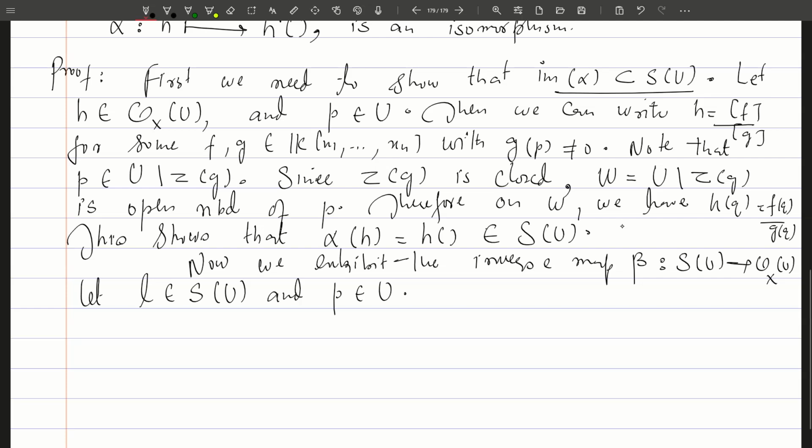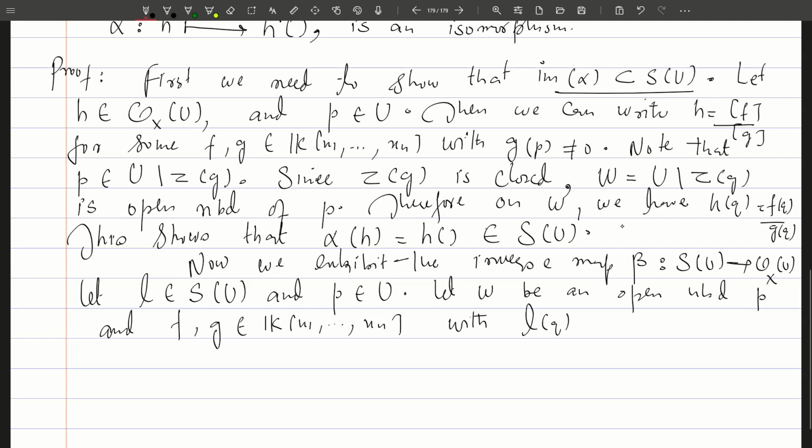So let us take W to be an open neighborhood of this point p, and suppose f and g are polynomials in the polynomial ring k[x1, ..., xn] with L of q equal to f of q over g of q.